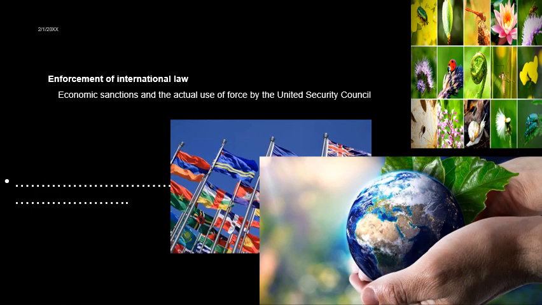Now, as you can clearly see from the slide, it is written enforcement of international law. So generally, international law is enforced through economic sanctions and the use of force by the United Nations Security Council. As you see from other states, from the case law that we'll look at, like the Tetro Shroom case and so forth, there are some embargoes that were used by the United States to try and force environmental protection.